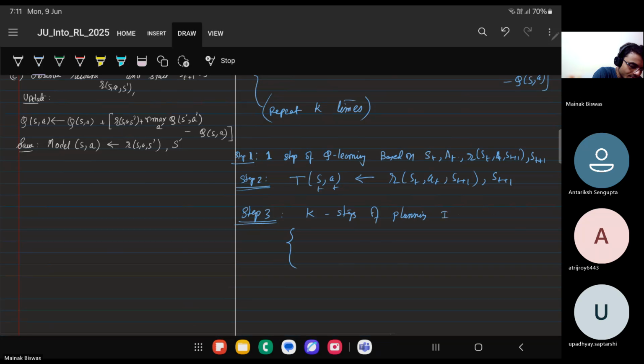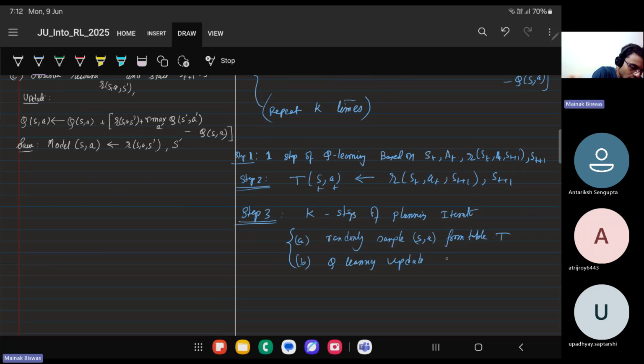Iterate, randomly sample s, a from the table, then Q learning update based on s, a.